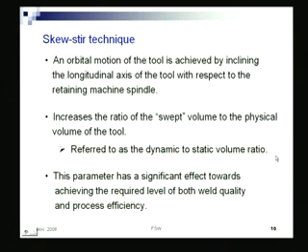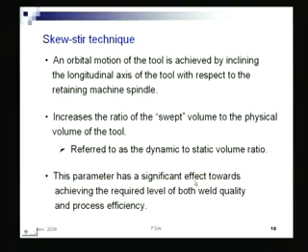Static volume is the volume of the tool nib, also referred to as the probe, that small part. And in the dynamic state, it is sweeping a bigger volume. So, this ratio has a significant effect towards achieving the required level of both weld quality as well as process efficiency.